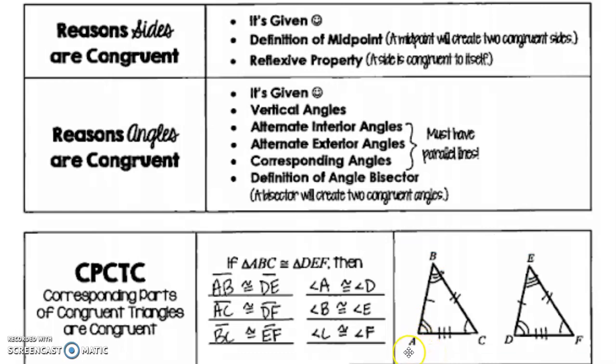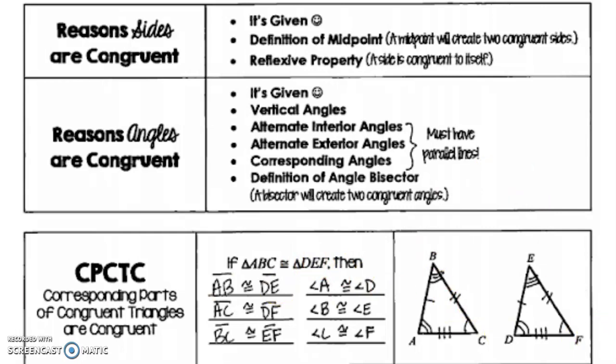Remember, it's really important and really helpful to draw our pictures and then mark them as we go. You can also look based off of the lettering with our statement. So AB is congruent to DE. We can see that in the picture and just based off of our statement. We have AC congruent to DF and BC congruent to EF, and then again, those angles match up.